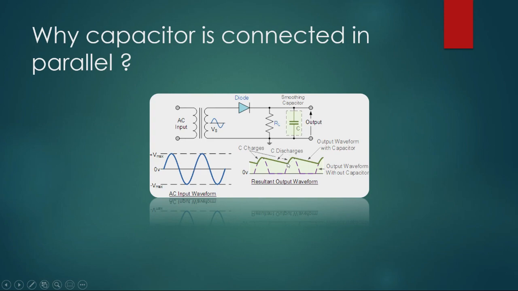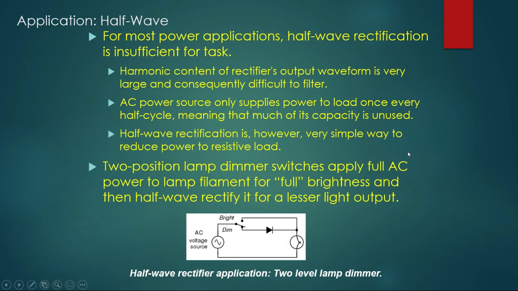So again, before going to zero, the capacitor starts charging. Again it will charge to the maximum value, and then again it will start discharging in the negative cycle. As soon as it reaches the positive part, again it will charge. So like this we get a better DC. It is better than the half wave. So in this way we can get the filtered output.